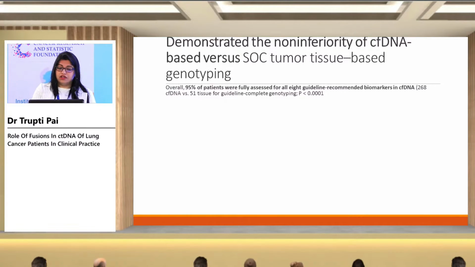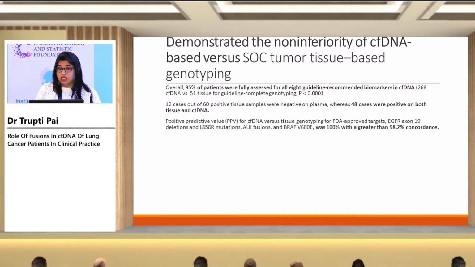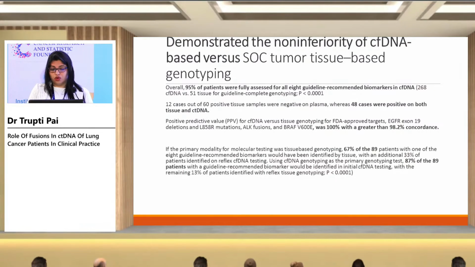Overall, 95% of patients were fully assessed for all 8 guideline recommended biomarkers in cfDNA. So 268 cfDNA samples versus 51 tissue, which is a very huge number. 48 cases were positive for the mutations in both tissue as well as ctDNA. The positive predictive value of the genotyping in cfDNA was 100% with a greater than 98.2% concordance.